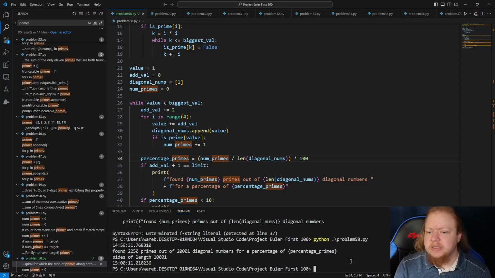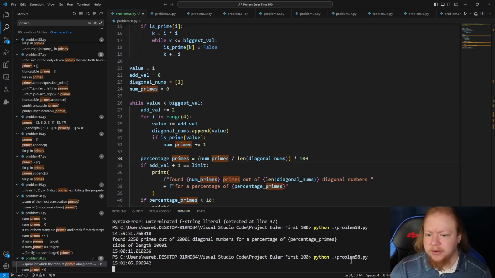And that should save us a little bit on time. Let's find out. It still looks like it's taking a significant amount of time, but let's see.